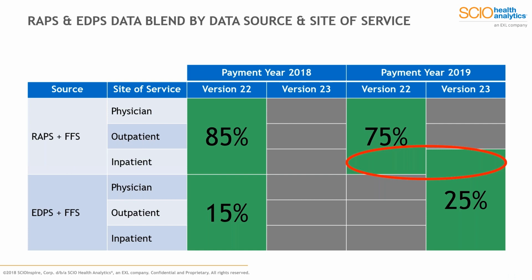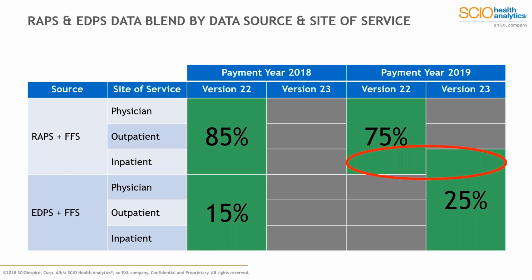So however you're going to do this, whether you do it in-house, whether you outsource it, whether you contract with someone, you have to make sure that your inpatient data is as robust as possible so that you get 100% of your inpatient data in and get payment on that.